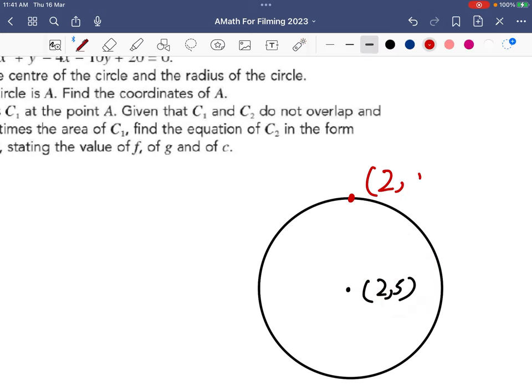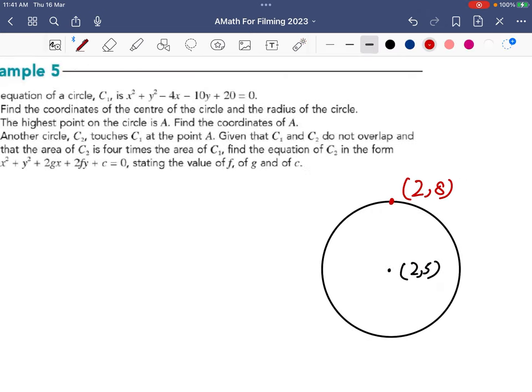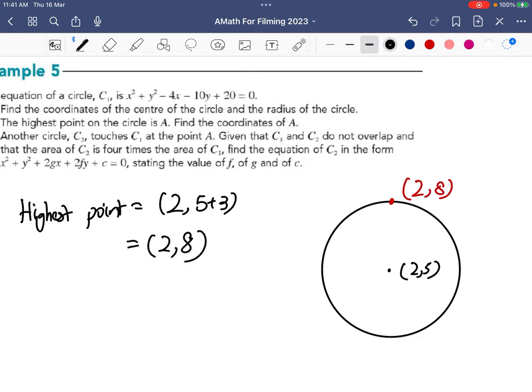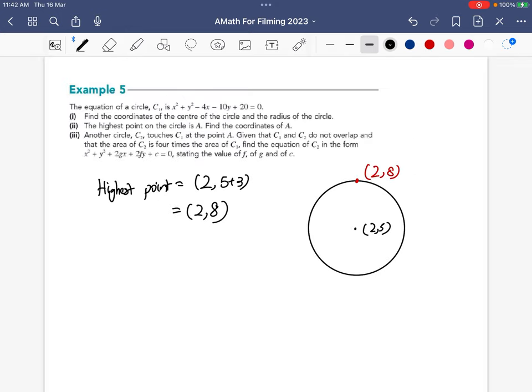Hence, by counting, you don't really need to show the working. The highest point is (2, 8). You can just write it down.